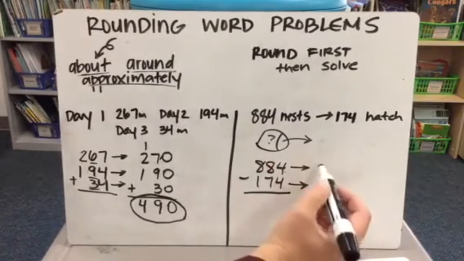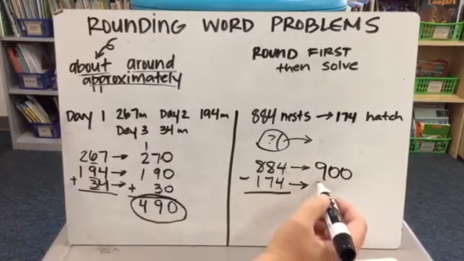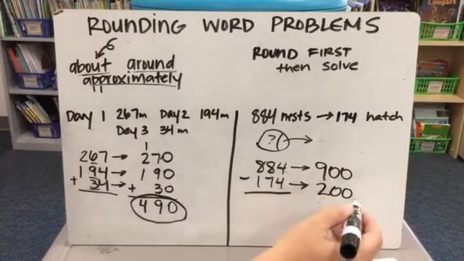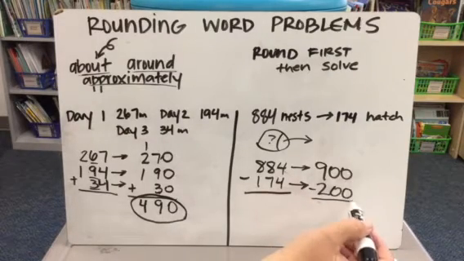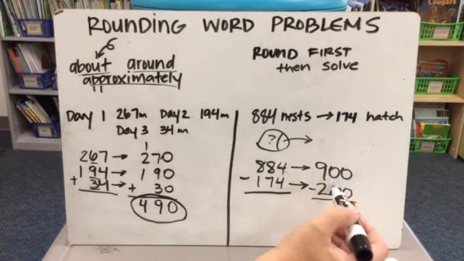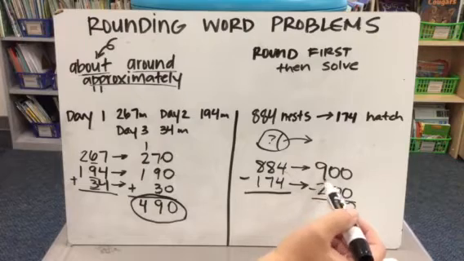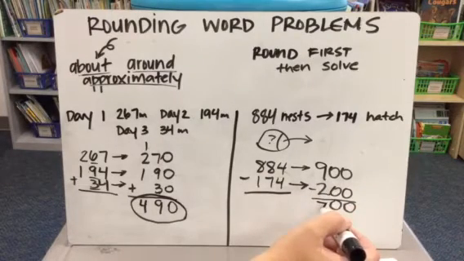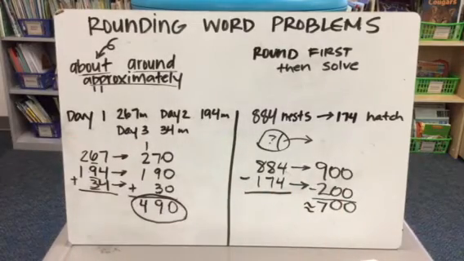So 884 is about 900 eggs in that nest, and about 200 of them hatched. When I'm subtracting, I start in my ones place again, and I have 0 minus 0 is 0, 0 tens minus 0 tens is 0, 9 hundreds minus 2 hundreds, 9 minus 2 is 7. So there are about 700 eggs that still need to hatch.